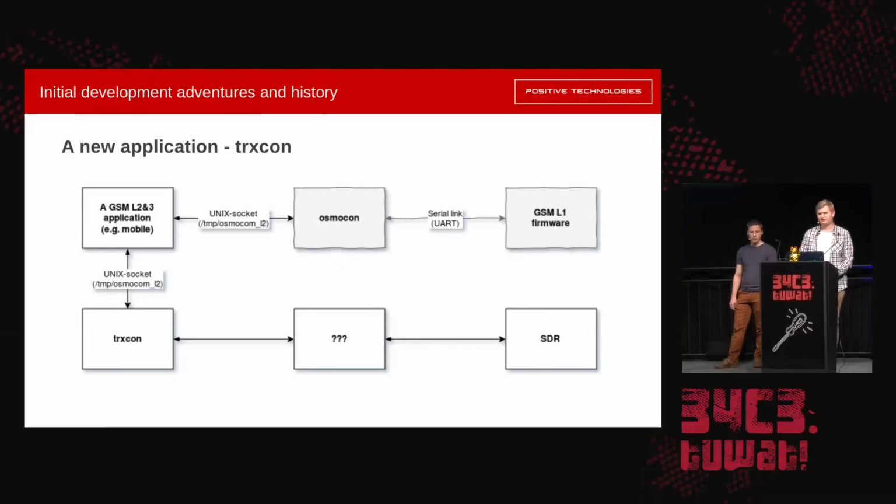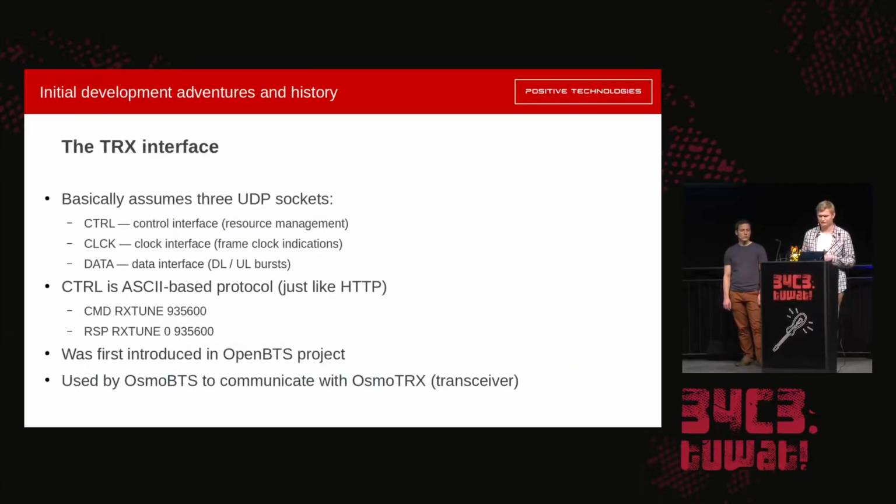But still we cannot communicate with software-defined radio. We can receive bursts and perform encoding and decoding for them, but we cannot directly communicate with software-defined radio. There is the TRX protocol, which was first introduced in the OpenBTS project, and it's still used by Osmo BTS to communicate with the transceiver.